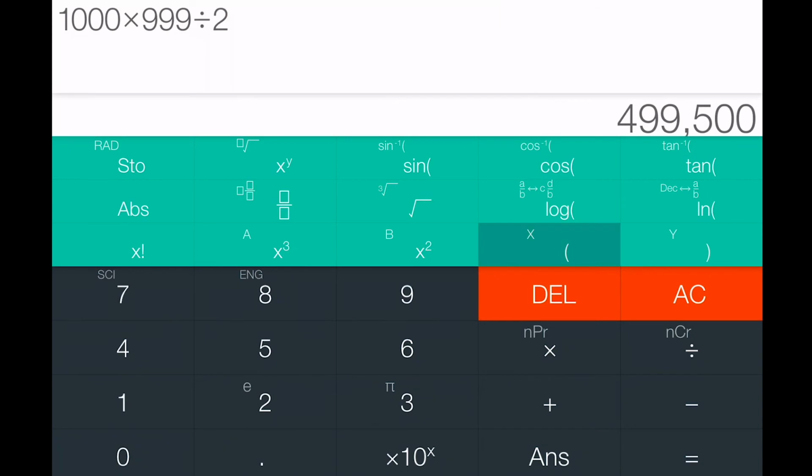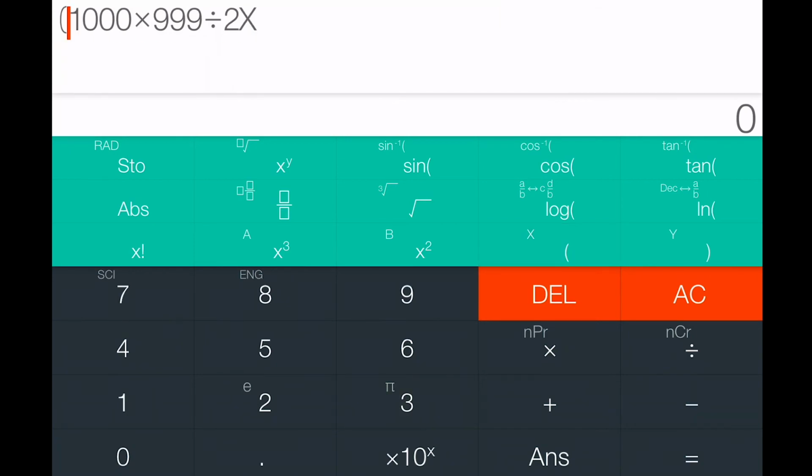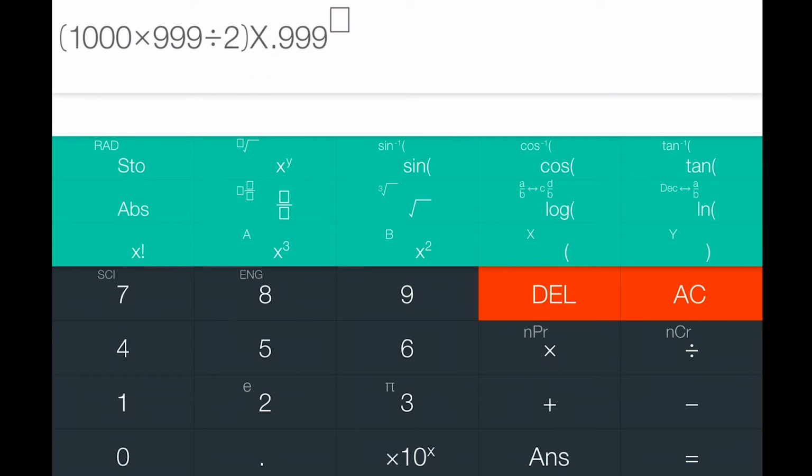Okay, that is reasonable, and that is multiplied by 0.999 to the power 998, multiplied by 0.001 to the power 2. We will do it step by step.